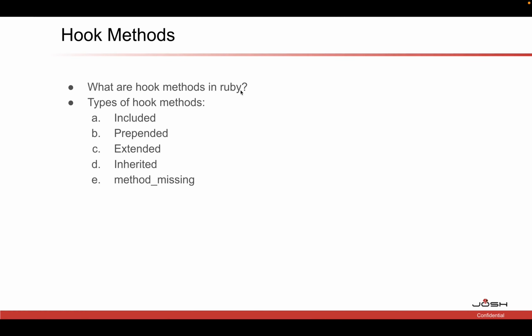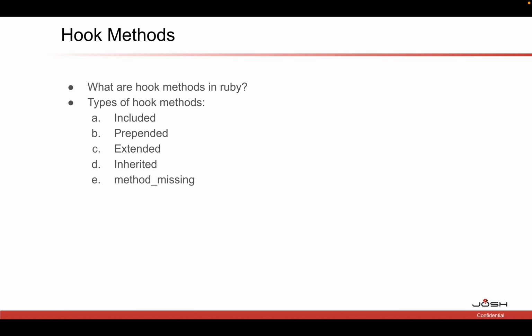Before seeing the example, there are several types of hook methods in Ruby, but in this session we will be focusing on these five: included, prepended, extended, inherited, and method_missing. You will understand it by the name only. This included hook method is associated with the inclusion of any module.